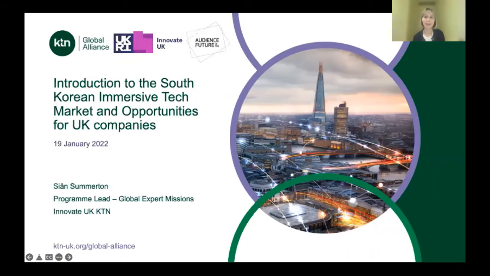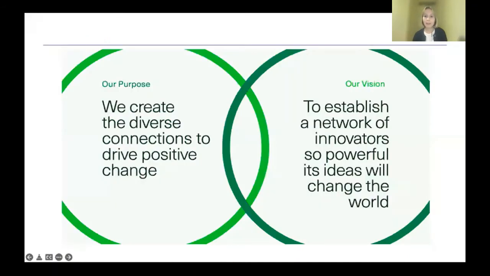As Louise mentioned, I'm going to touch on the South Korea immersive tech market and also highlight some potential opportunities for UK companies that came out of the previous Global Expert Mission. For those of you that aren't familiar with KTN, or Innovate UK KTN as we're now called, we are the UK's innovation network, and as I mentioned, we're part of Innovate UK.